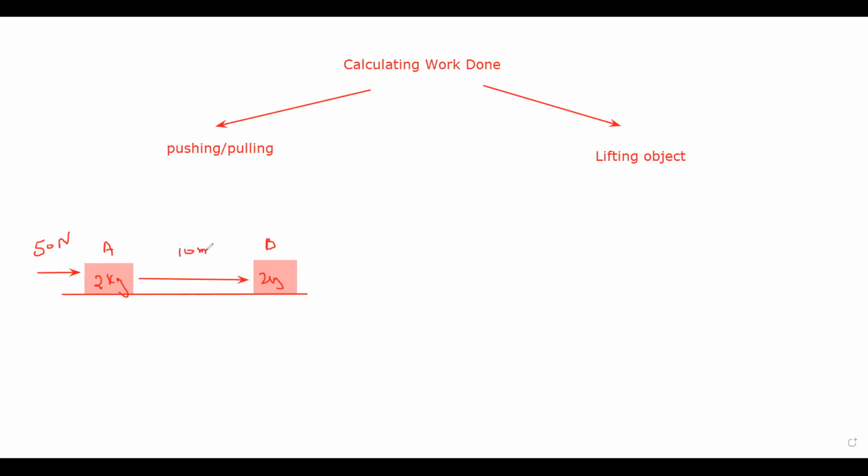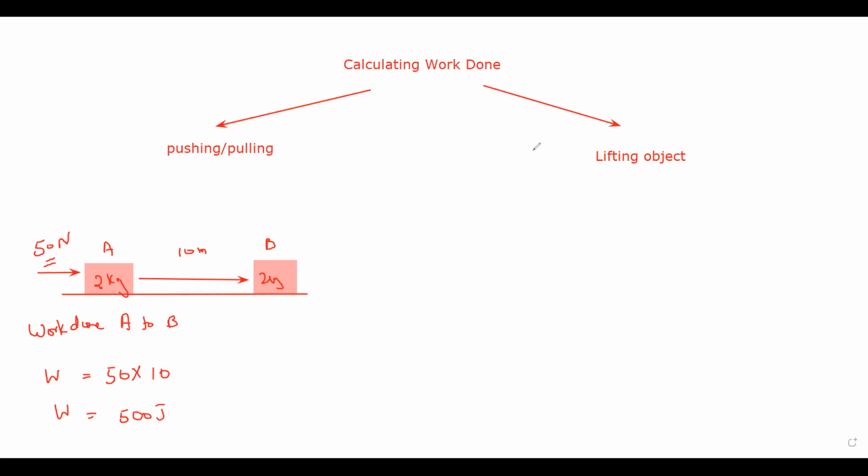So what is the work done from A to B? We are applying a force of 50 Newton, and the work done is the product of force and distance. So force is 50 and the distance which we moved this object is 10. So 50 multiplied by 10. So the useful work done is 500 joules, or we can say 500 Newton meter.